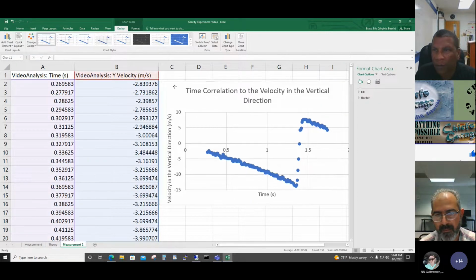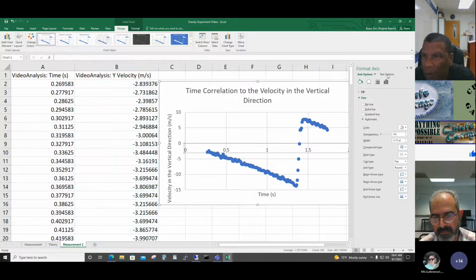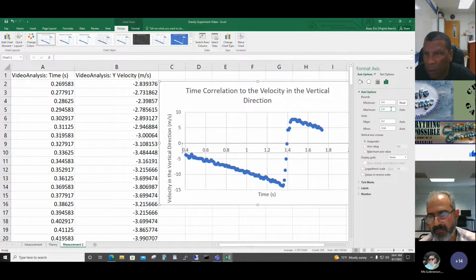So we have all of this. I think let's change our axis options, and let's go from 0 to 0.4. And then let's go from 2 to, it looks like 1.8.